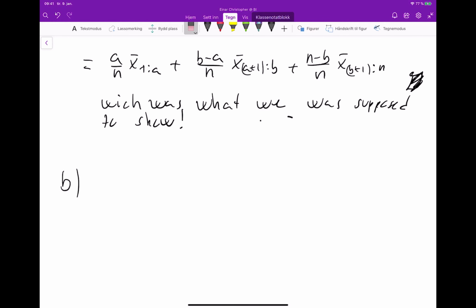Okay, B. In B we are asked if these three parts are computed separately.